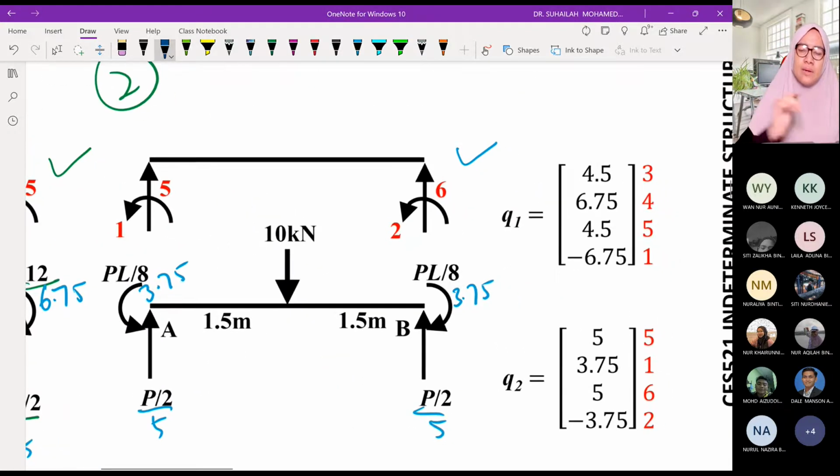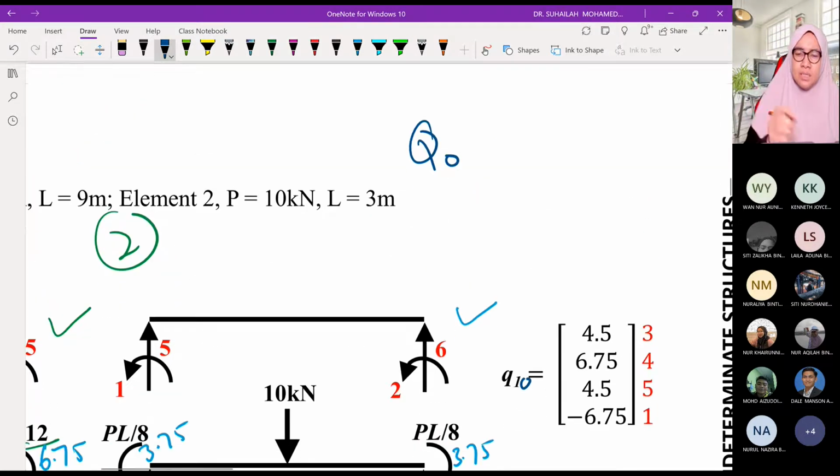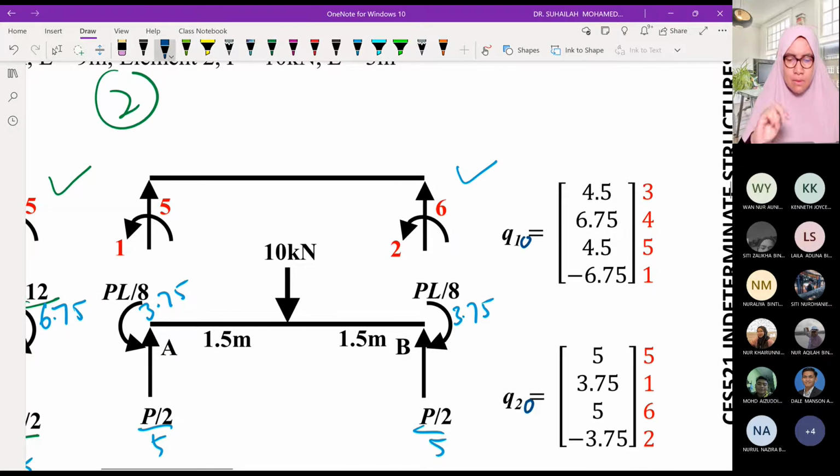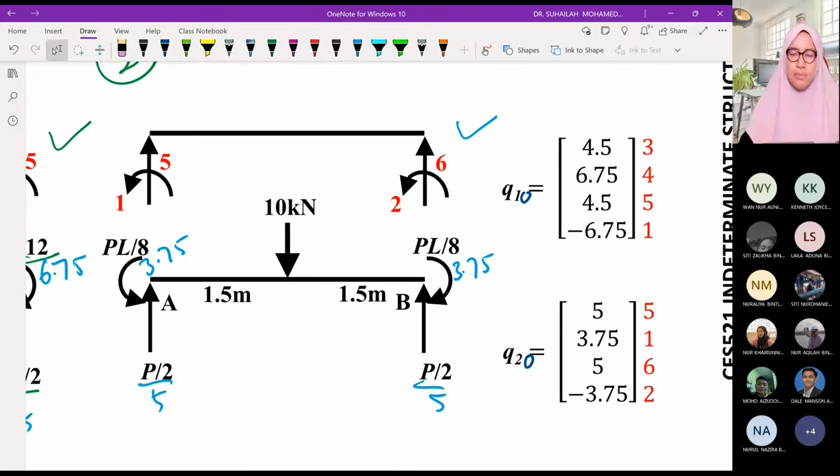So here we need to put Q1 naught. So it is just like this. So we have to combine Q element number 1, we put label naught for equivalent nodal forces, plus Q element 2. So I forgot to put naught here. So it is Q1 naught, Q2 naught.